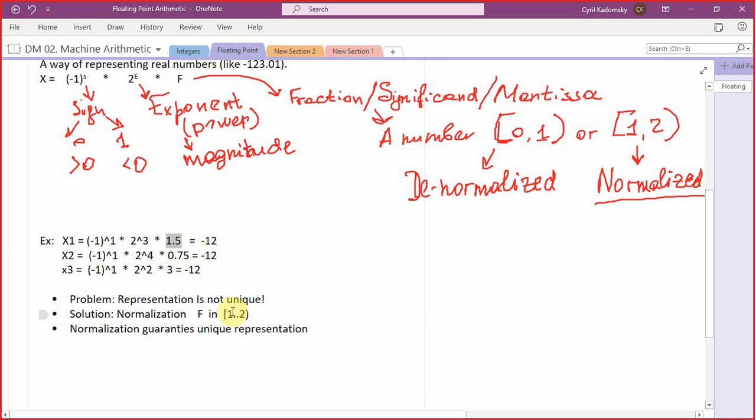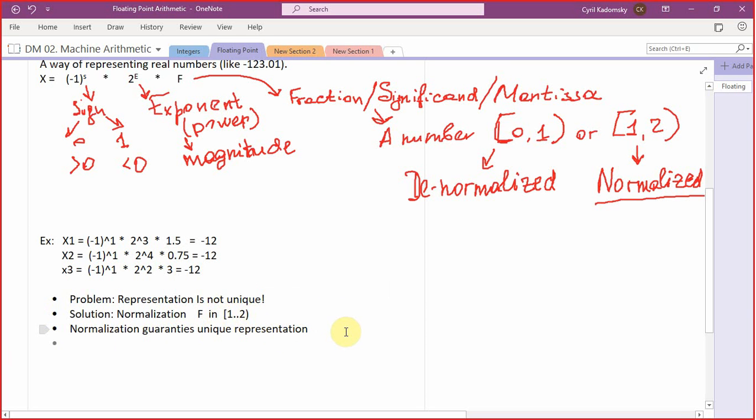But if you change any number from this range by factor 2, you obtain the number not in this range. If you multiply by 2, you obtain the number bigger than 2, not in this range. If you divide by 2, you obtain the number less than 1, also not in this range. Okay? So normalization guarantees unique representation. Why?